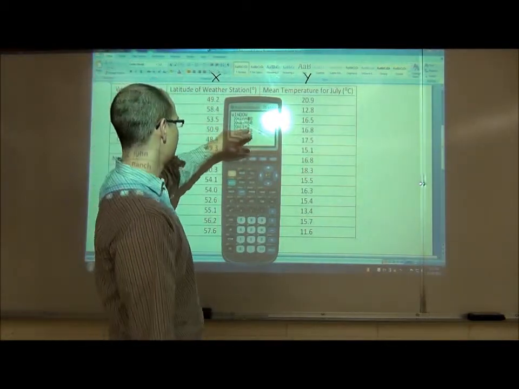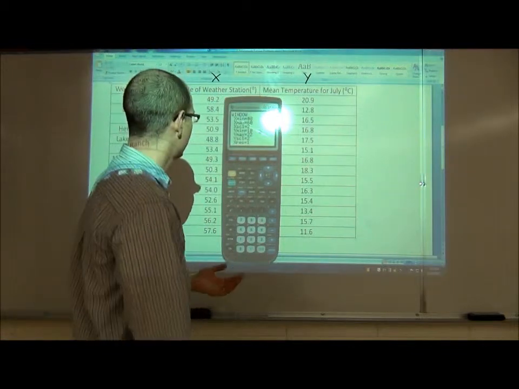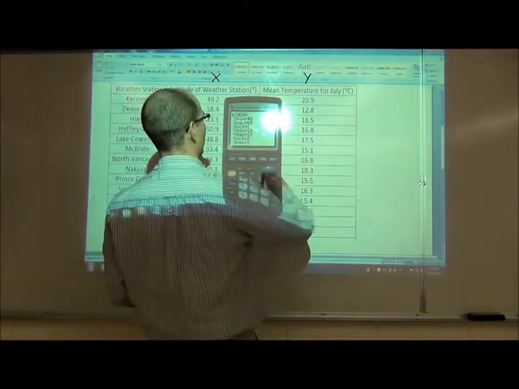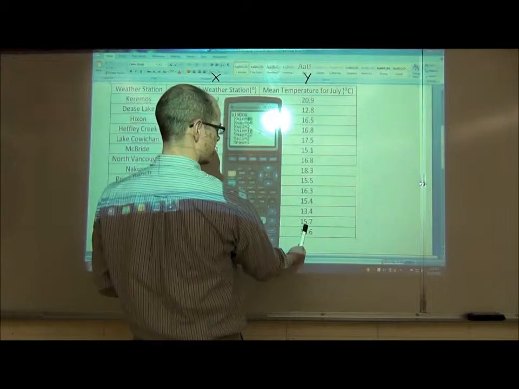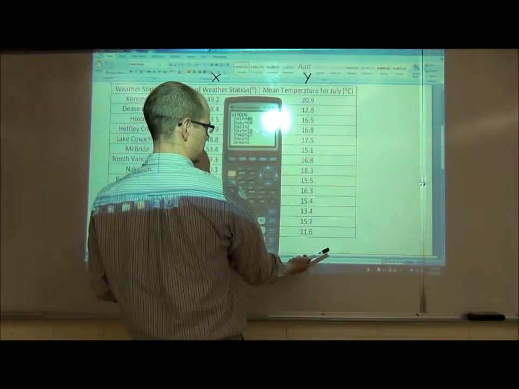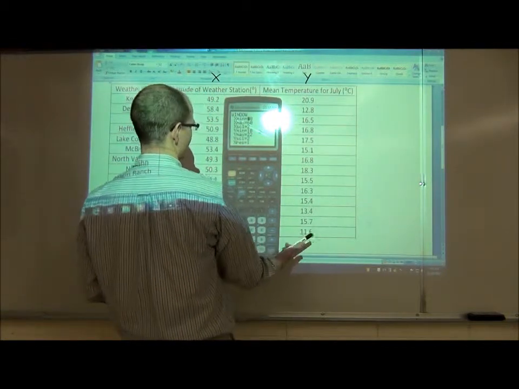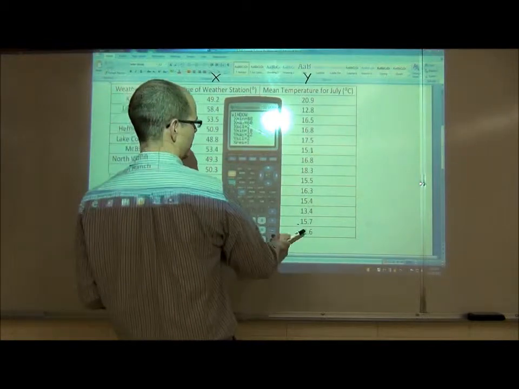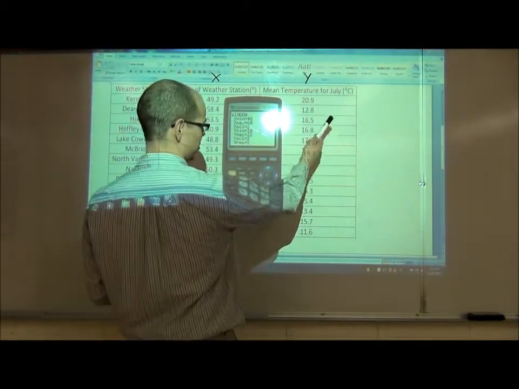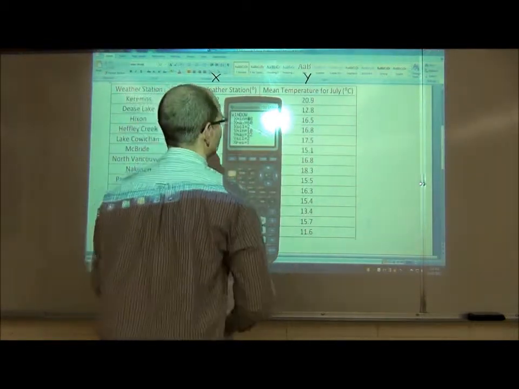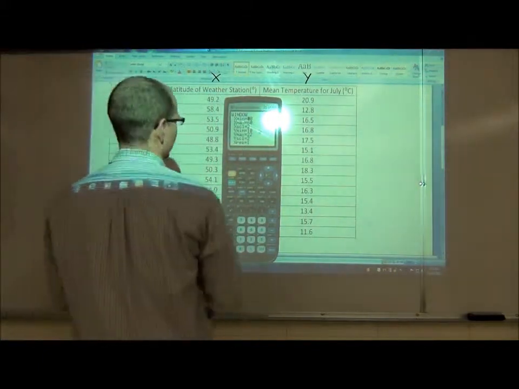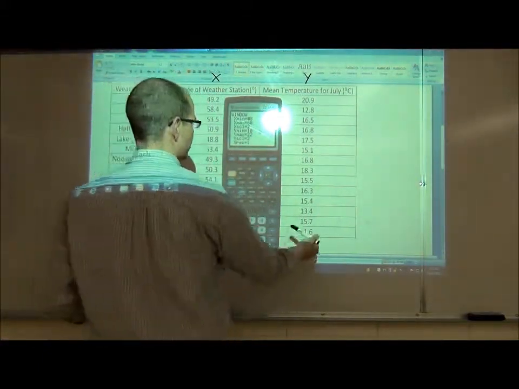My X scale is 2, so each tick is 2. For Y, I made my minimum 10, because the lowest temperature here is 11.6, so I made it a little lower than that. And then I made my maximum 22, and the biggest one on here is 20.9. So I made the max 22 and my scale 2, so each time it goes up by 2 on my Y scale.